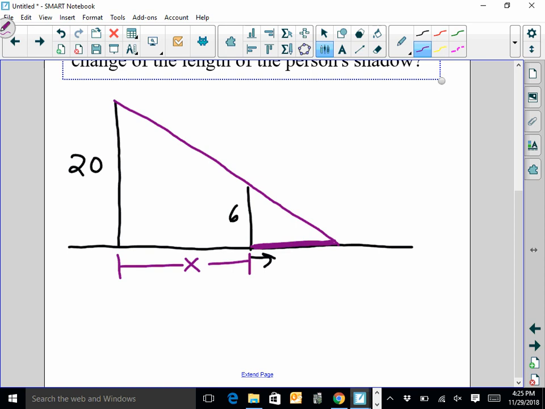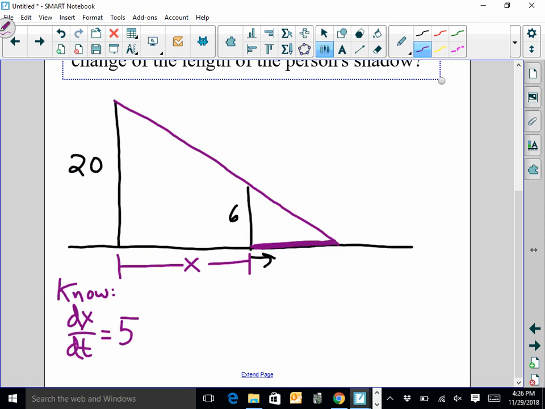They never assigned that a variable, so I'm just going to choose x. What I know right off the bat is that dx/dt equals 5. It's got to be positive because the person's walking away from the pole. If they were walking towards the pole at 5, then it would be negative 5.